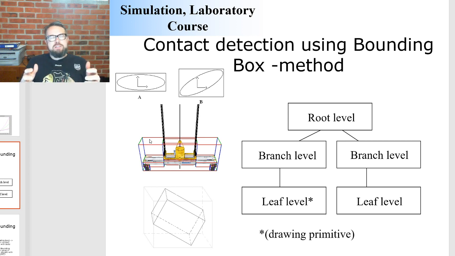Because we are looking at box colliding possibilities, it is easy to check whether these big boxes are colliding. Let's say hypothetically, yes, two boxes are colliding: the big box with this connecting device inside, and the ship box. What happens next is that you move on to branch level boxes.